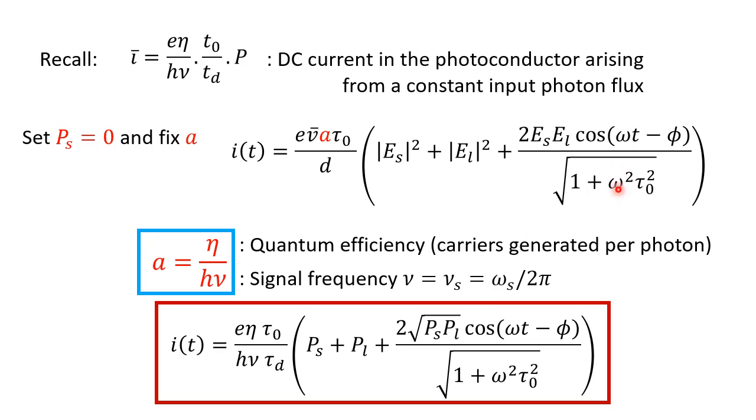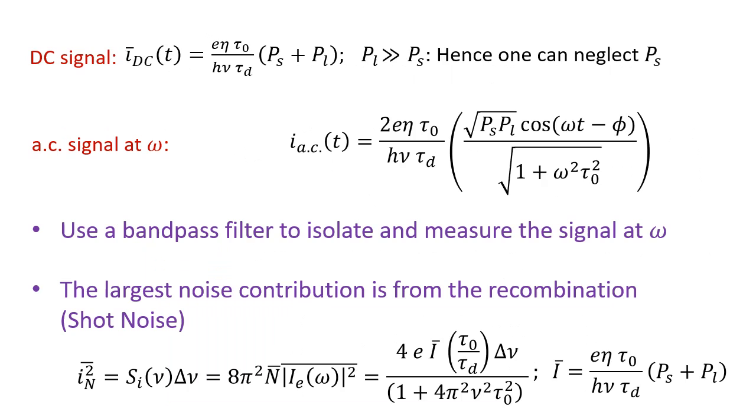So what we have is, remember that my mod EA squared and PS are related. So I'm simply rewriting this in terms of the power in the signal, the power in the local oscillator, and so on and so forth, right? And the DC part is going to be just this, because I have set my signal to be 0.